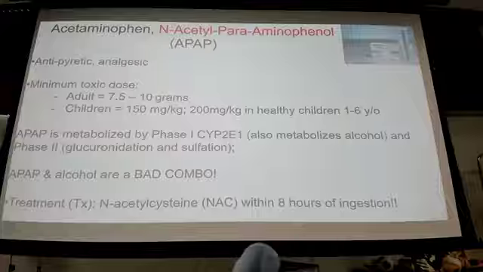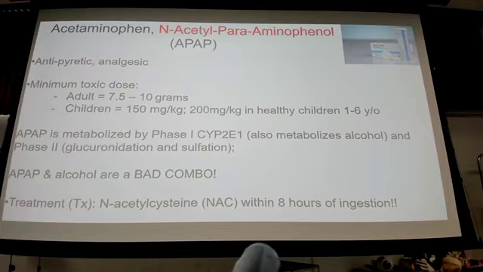But CYP2E1 also metabolizes alcohol or ethanol. So that's why APAP and alcohol are a bad combination. So the treatment for APAP toxicity is N-acetylcysteine. And we're going to talk about why.